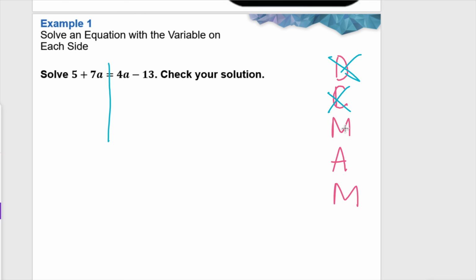The next thing though is I do need to move variables to the same side, and when you move variables, I want you to choose the smallest variable to move. That is going to help us make sure that we don't have too many negatives that we have to worry about.